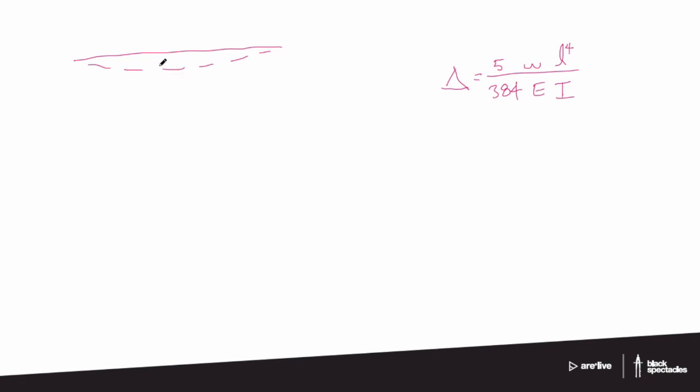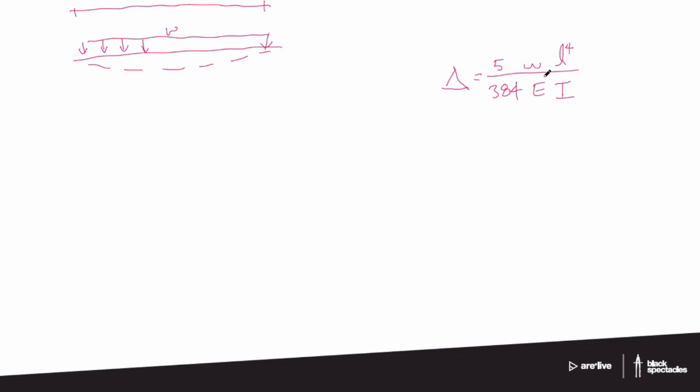And what would make it deflect more? Well, the W is that distributed load. I'm just going to draw that all the way across. So that's the W, some number of pounds per linear foot. The L is the length. Well, what would make this deflect more?